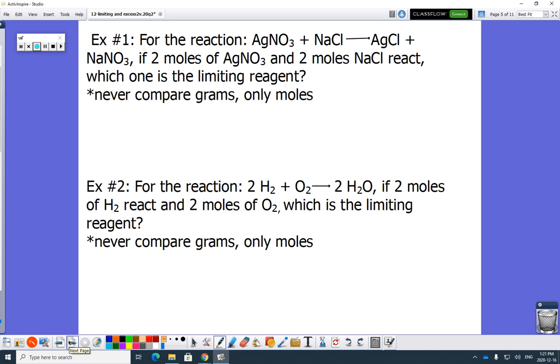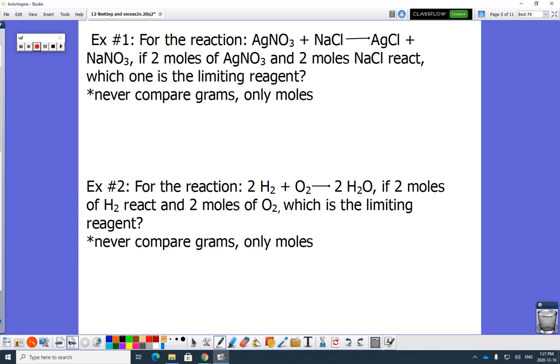We're even going to set up the questions the same way, with a chart, except now we'll be able to fill in two columns. Some of the questions are similar to the stoich questions. Some are already in moles.